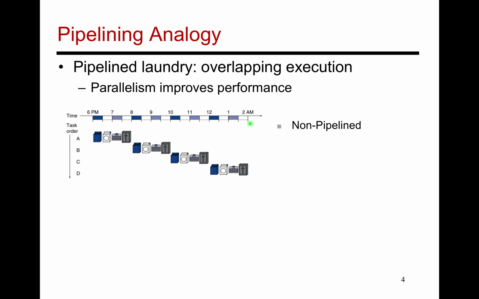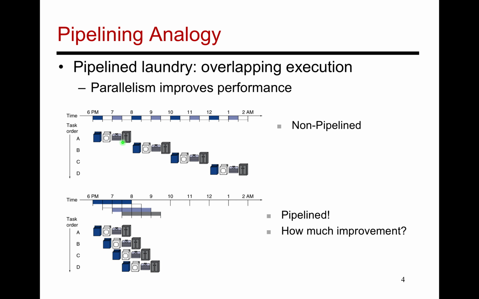Now, if we pay closer attention, we realize that washing a load of laundry has nothing to do with drying it. So why can't I do both of these operations at the same time? Meaning that as the first load is put into the dryer, I can begin washing the second load, and so on. That leads us to pipelined operations, where during the first half hour, we start with washing the first load.